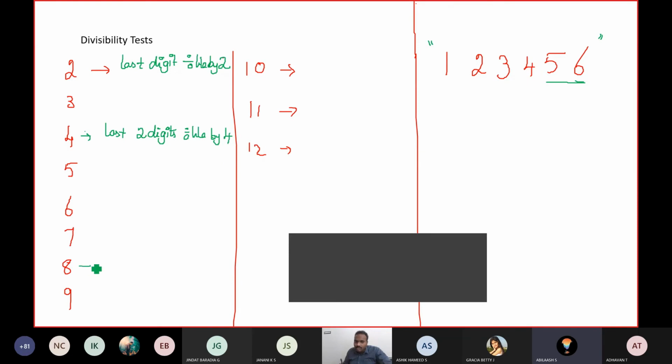Okay. Can you please tell me what should be the divisibility rule of 8? How do we check whether a number is divisible by 8 or not?